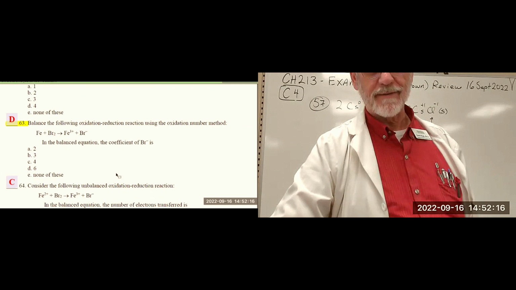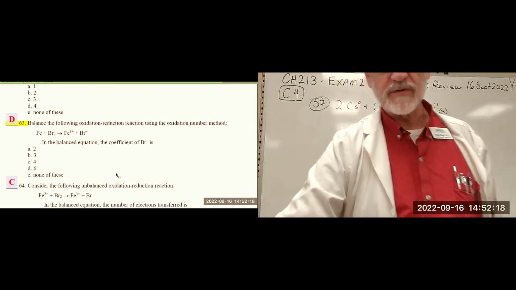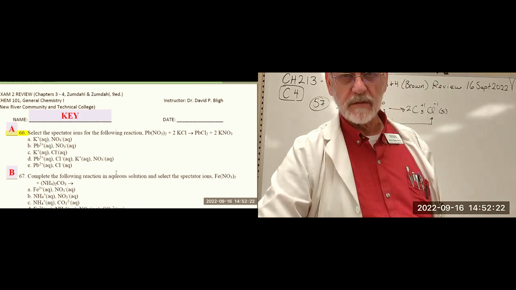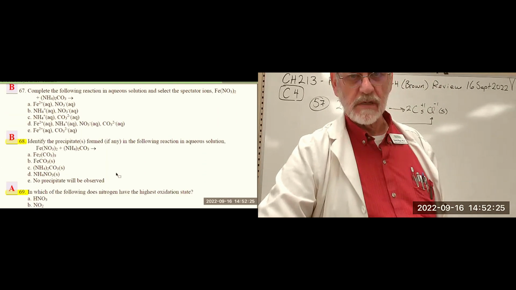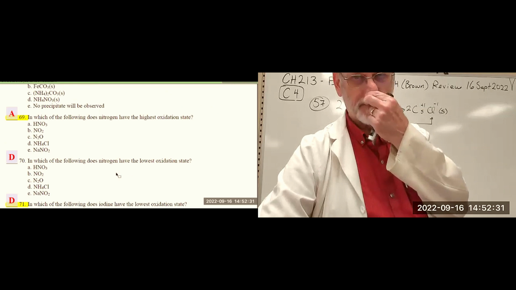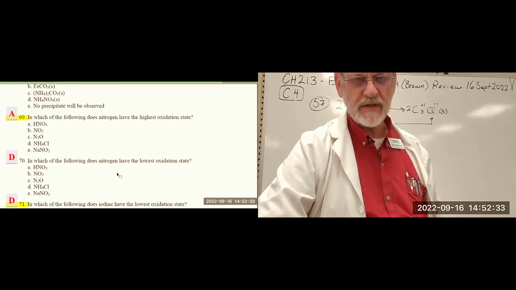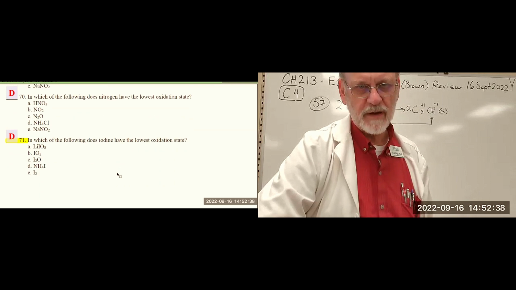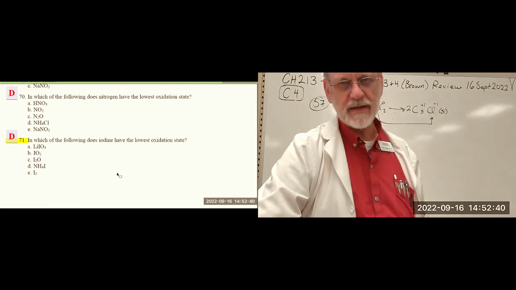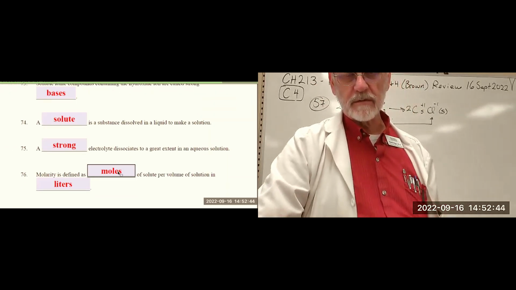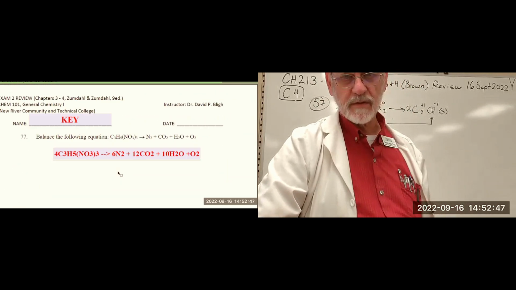Let's see. 63 is too easy. Let's do one that's a little more difficult. Spectators. Precipitate formed, you can do that one. Nitrogen with the highest oxidation state, right, we've been that route. Which of the following does iodine have the lowest oxidation state? No, we don't need that one. Fill in the blanks.